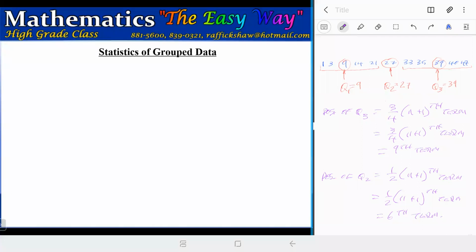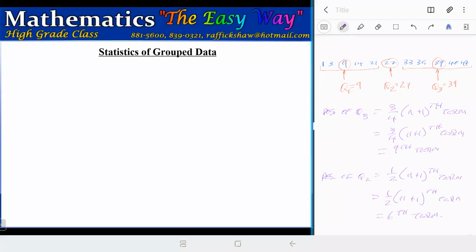But let us start the introduction to grouped data, statistical grouped data, where the methods again are different. One of the first things I want to point out to you is that when the data is grouped, you are mainly estimating.